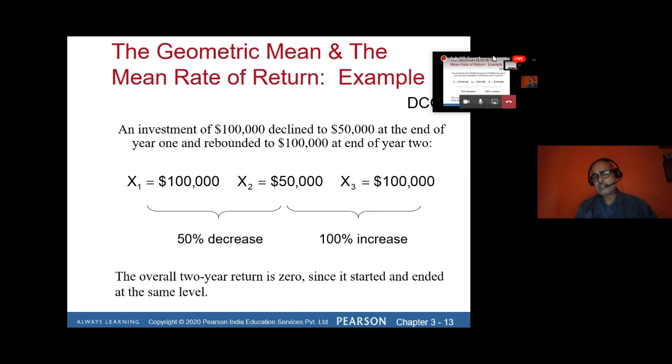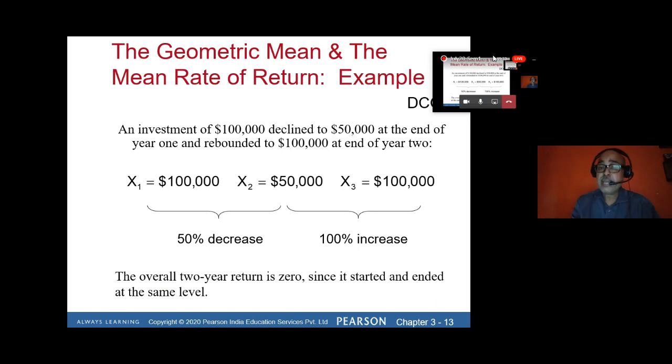So the first year investment decreased by 50%, and the second year it increased by 100%. The overall two years return: you invested $100,000, and at the end of two years your money is $100,000 only, so practically there is no return. So our two years return is zero.